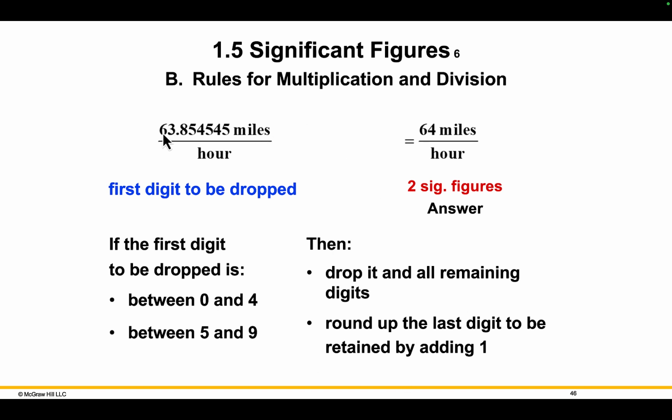So in this case, we have 63.854545. This 3 right here would be our last significant digit that we would be allowed, because we're only allowed 2. And so we look to that 8 to decide, are we going to keep it the same or round up? Because that 8 is between 5 and 9, that's going to make this round up to 64 miles per hour.